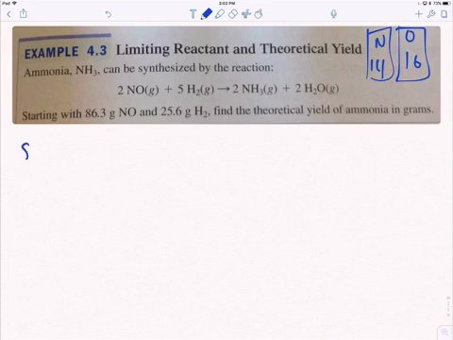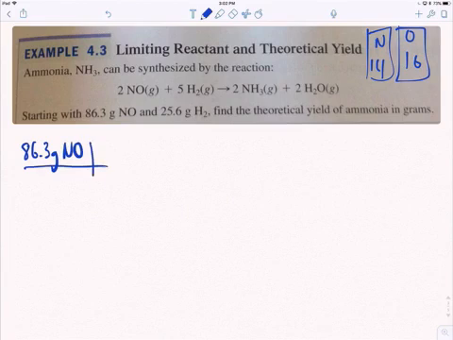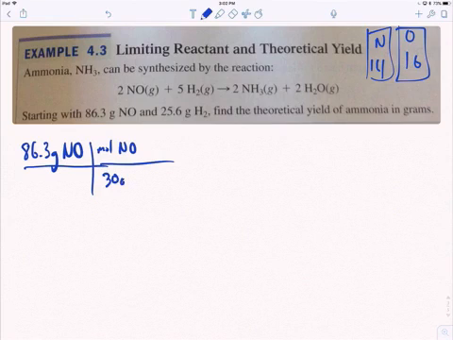So we have 86.3 grams of nitrogen monoxide, and so moles nitrogen monoxide. Oxygen is 16, nitrogen is 14. That's 30 grams NO per mole. And then next is a ratio.